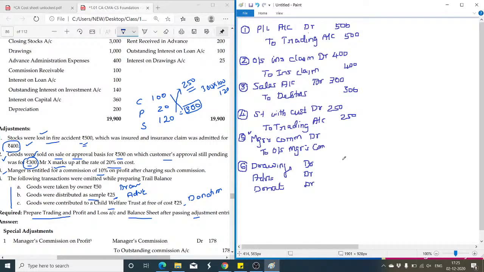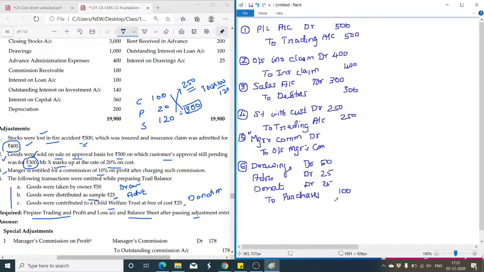The drawings account being 50, advertisement being 25, donation being 25, to purchases, the value being 100 rupees. We have now passed all the journal entries. I hope you could now understand all this part. Do you have any doubts here? So I have passed the journal entry for all the adjustments.